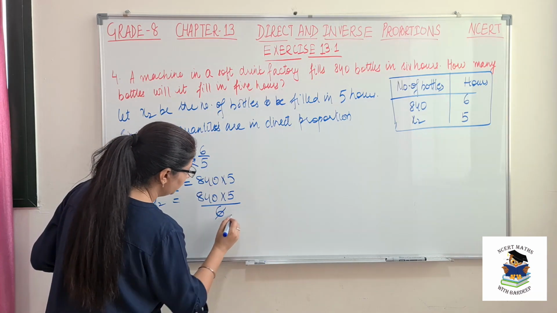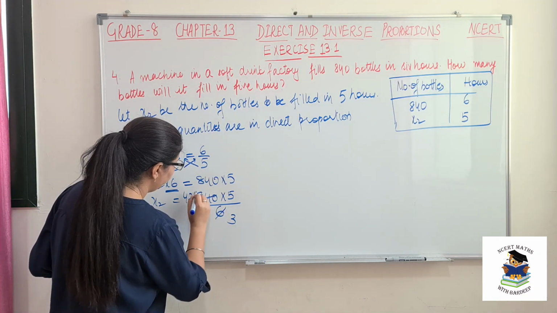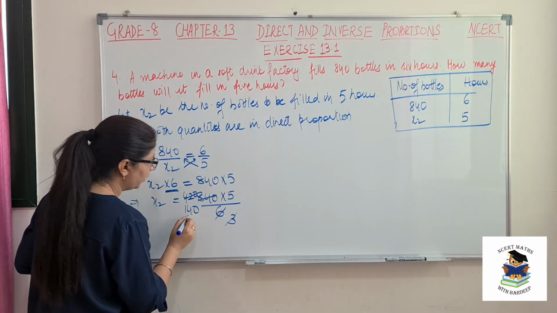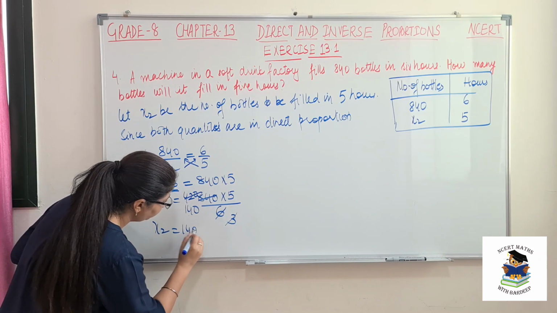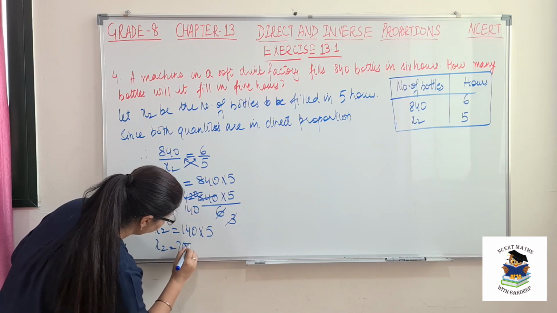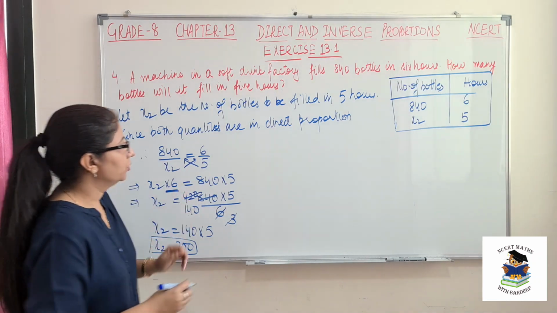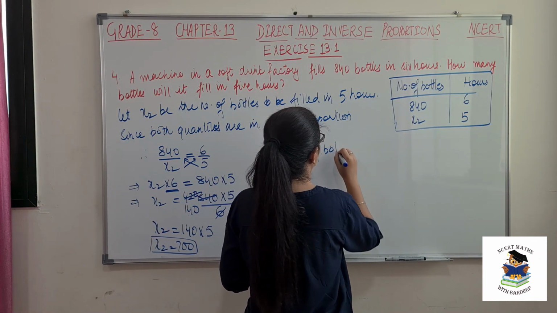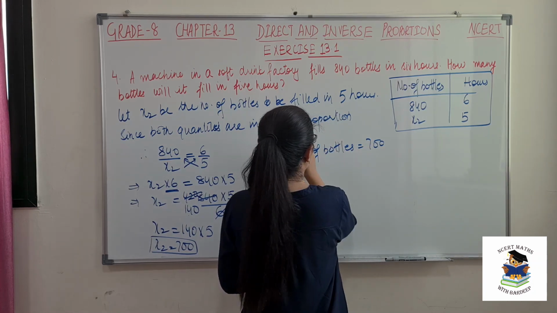Okay, so this is 2, 3 is a 6, then 420, so 140. So x2 is equal to 140 multiplied by 5. So 14 5s are 70, 700 bottles. Okay, so number of bottles is equal to 700. Clear?